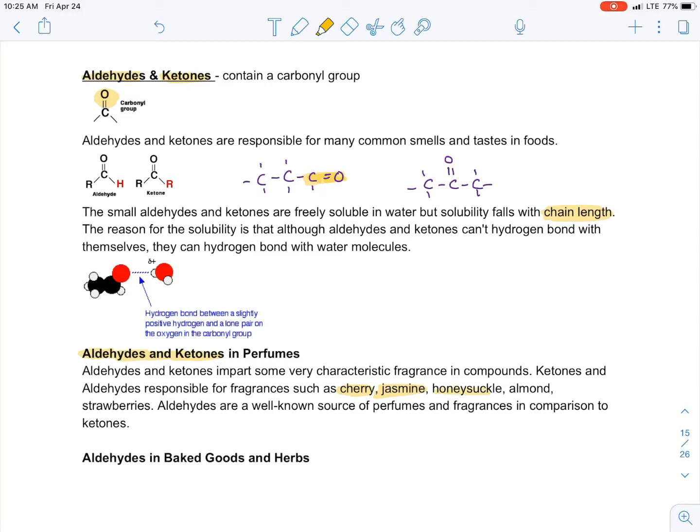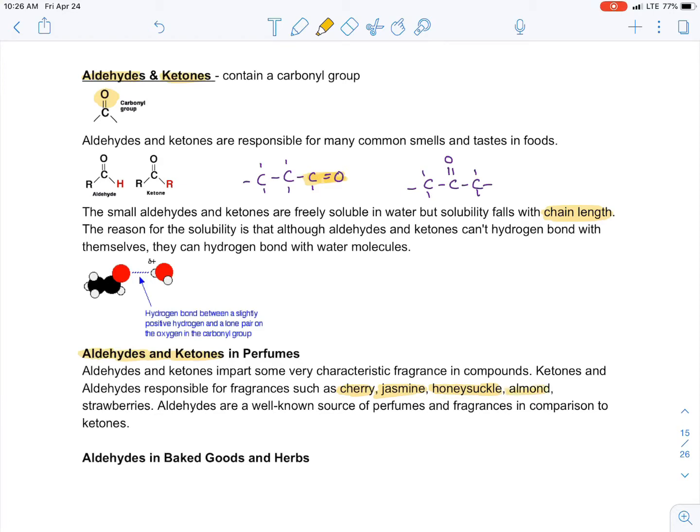Honeysuckle, another super sweet smelling flower. Now Japanese honeysuckle is an invasive species in Ohio, so please don't plant any Japanese honeysuckle, right? Especially in southern Ohio, they've been trying to weed those things out for years. They wrap around like a vine and they kill trees. So don't plant any, but they do smell good.